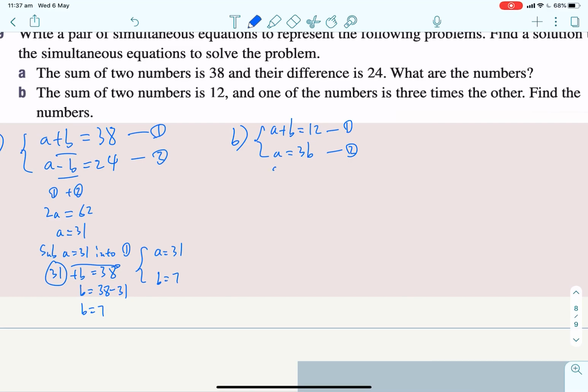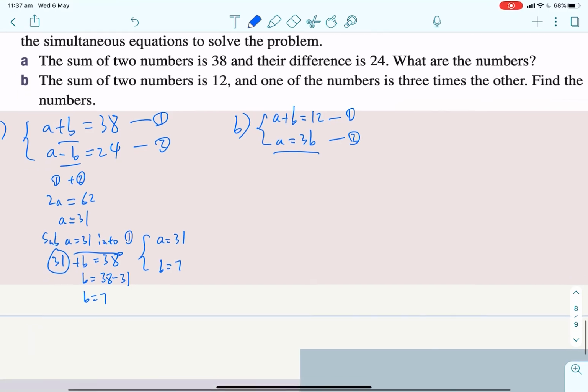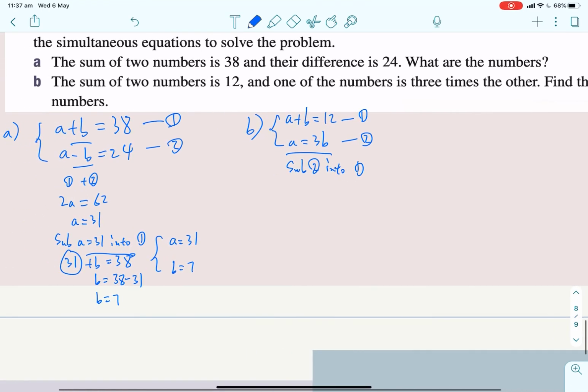Remember, if you set up like this, we can use substitution. So we can sub 2 into 1, replacing a with 3b. So 3b plus b equals 12. 4b equals 12, b is 3, because 3 times 4 is 12.